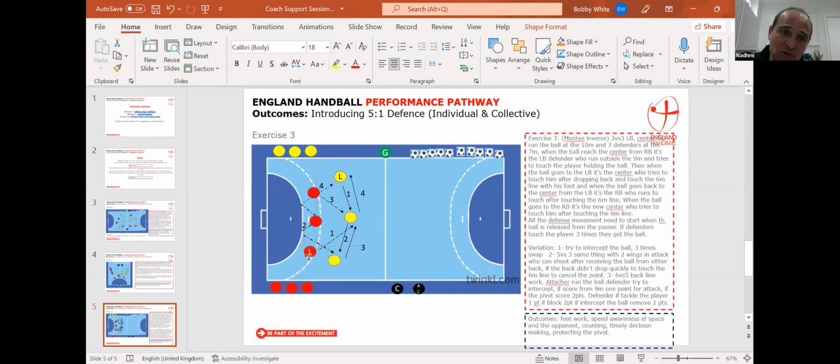If the center passes to the left back, then the center needs to touch the 6 meter line with his foot and then run up and try to touch the player.